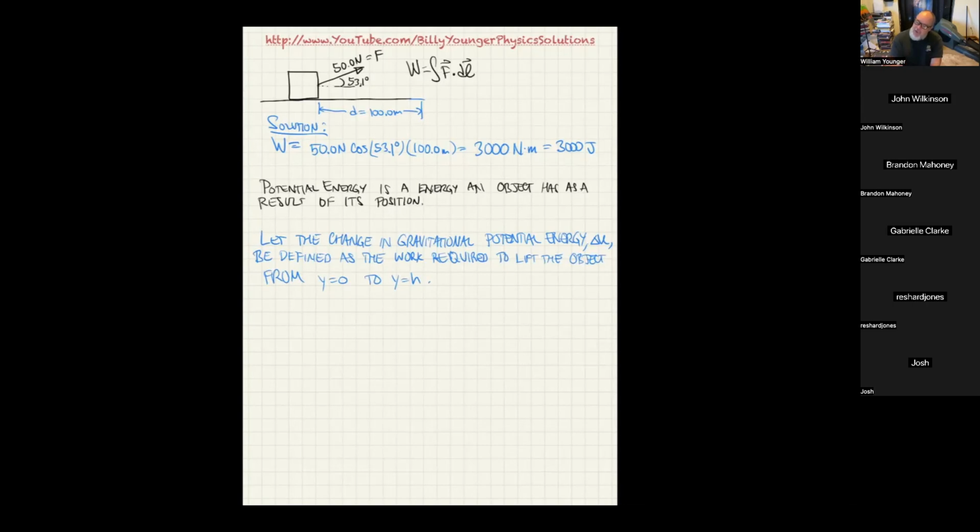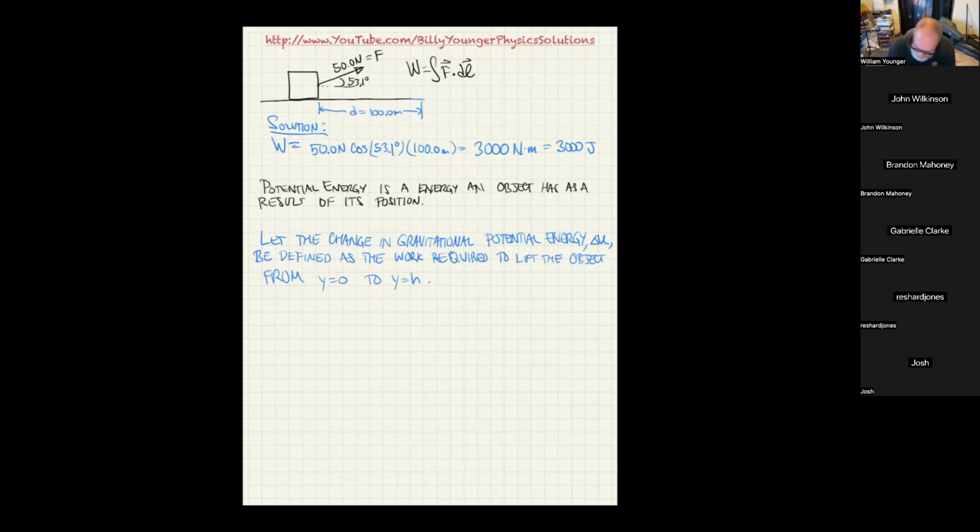And then I'll keep holding that force, and it'll happen again. I'll keep doing it until it eventually gets to the height h. And when I've got to the height h, then I will know what the total potential energy is. Specifically, the change in potential energy will be equal to the work done.